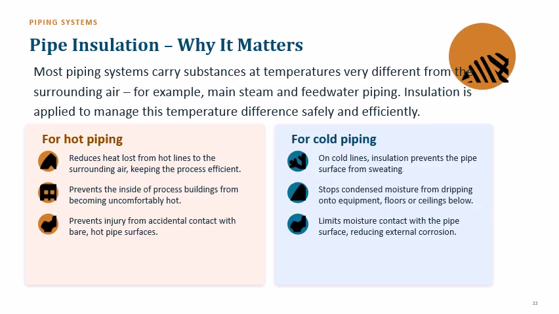And in terms of cold piping, on cold lines, insulation prevents the pipe surface from sweating and stops condensed moisture from dripping onto equipment, floors or the ceiling below. Then it limits moisture contact with the pipe surface, reducing external corrosion.